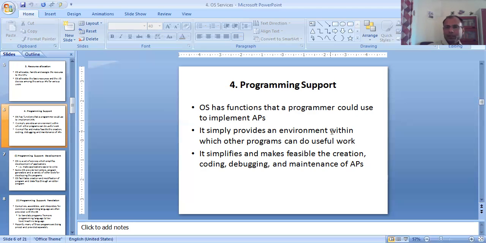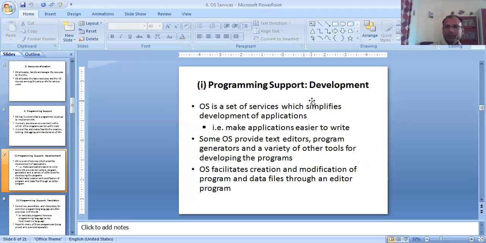So in this programming support, first we will discuss the program development, that means writing of the program. So operating system provides the tools or set of services which actually facilitates the development, writing of a program or software.